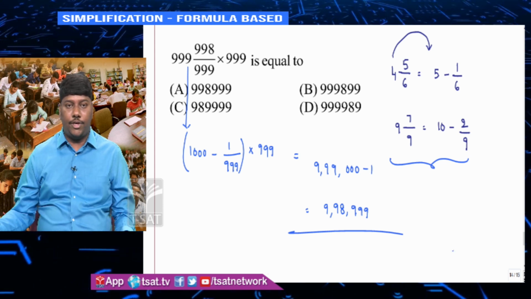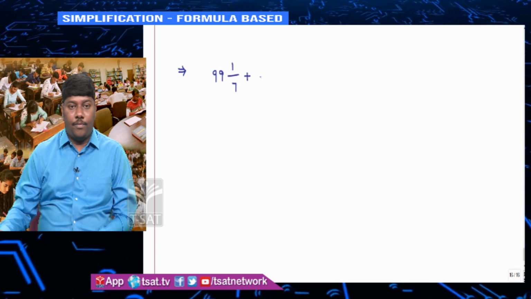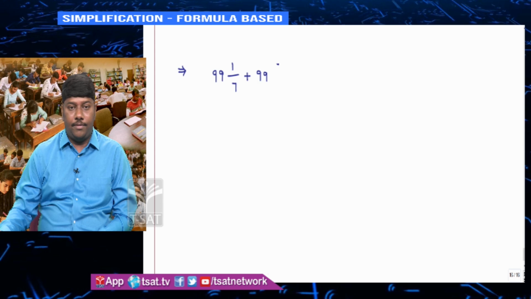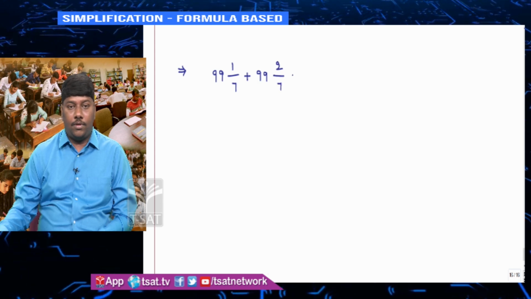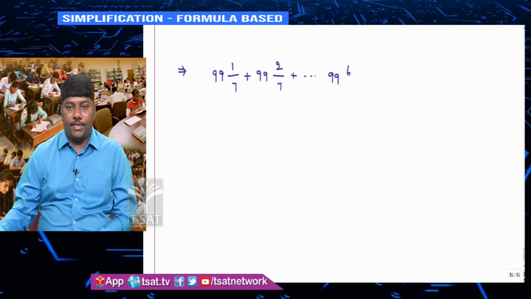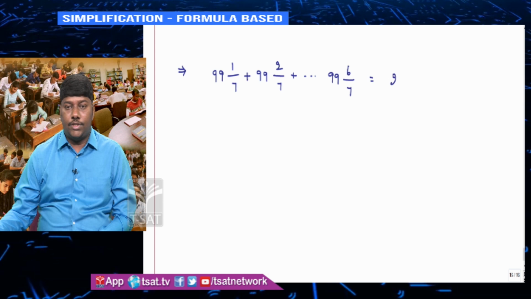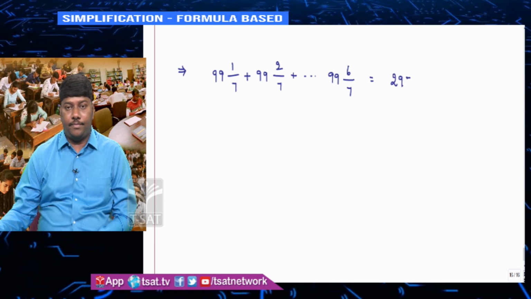Sometimes they can also ask you 99 1 by 7 plus 99 2 by 7 plus so on 99 6 by 7. Let's say sometimes they will give you equals to 297.